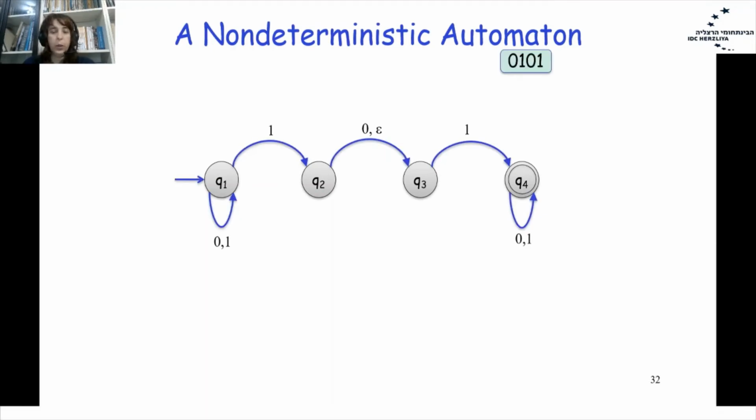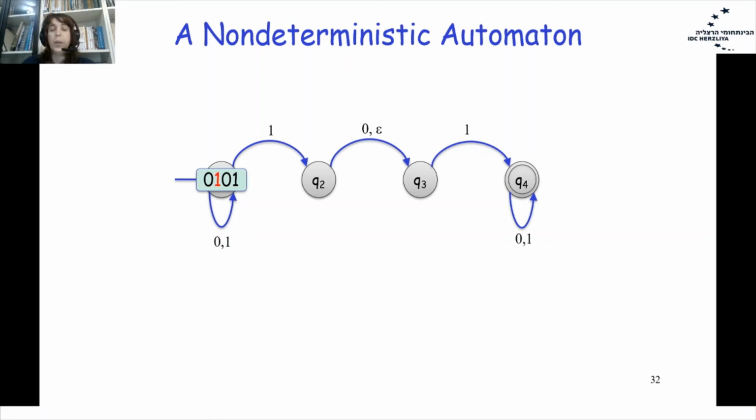So let's see what happens with our non-deterministic finite automaton on the word 0101. We start in the first state, Q1, and on input 0, we have only one possibility: to stay in Q1.